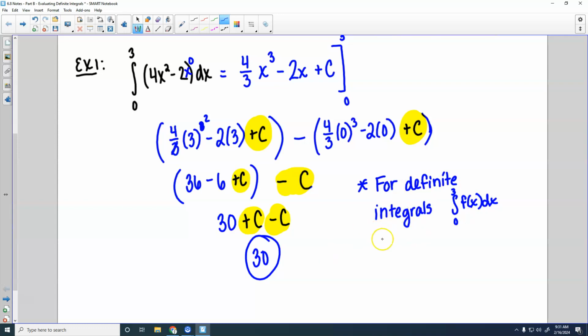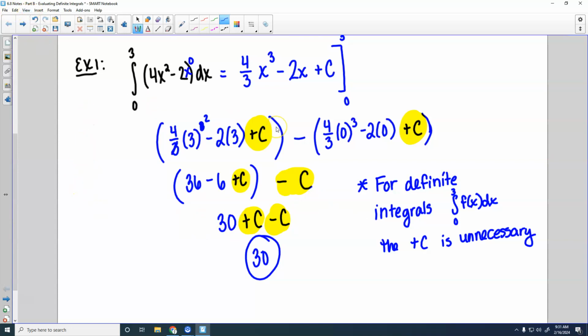Definite intervals, the plus c is unnecessary. You can still do it if you want. It's correct to put it there, but it doesn't have to be there on definite intervals. Now, it's still really important if we see an interval where we're integrating and there are no numbers there, that we put the plus c on the end.